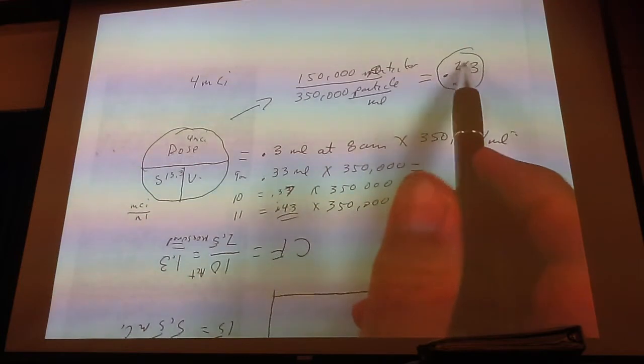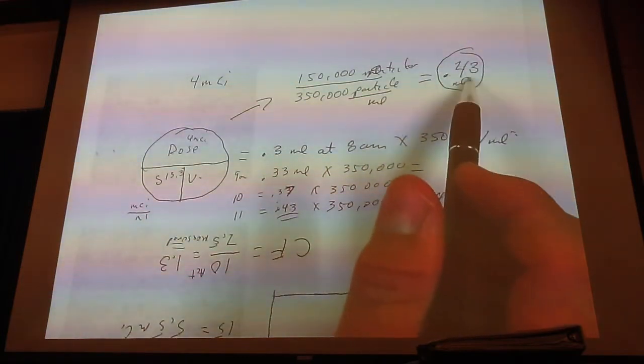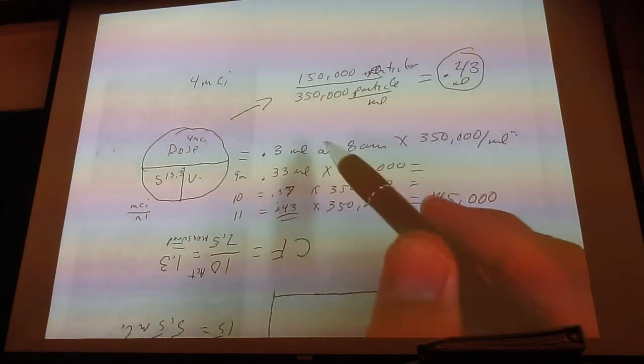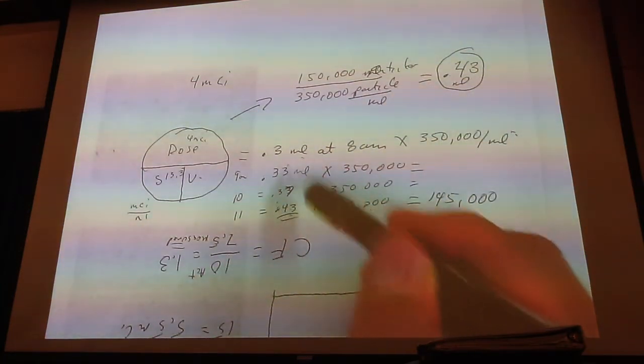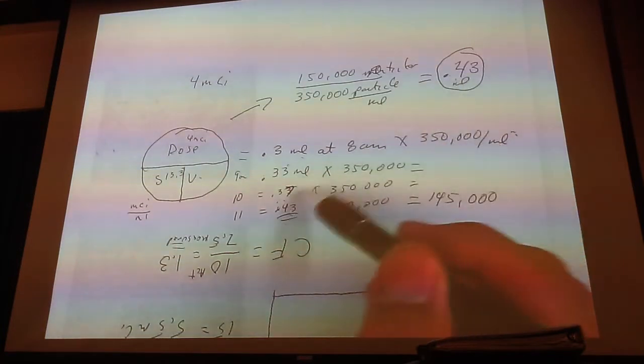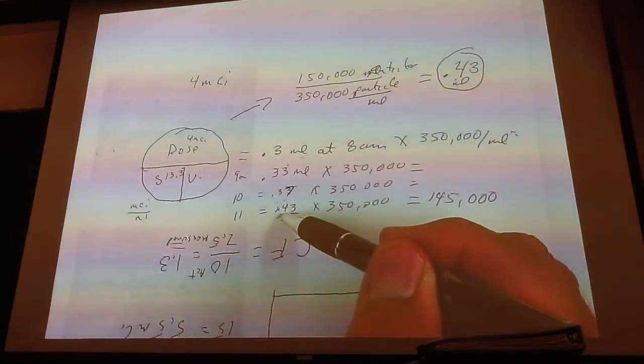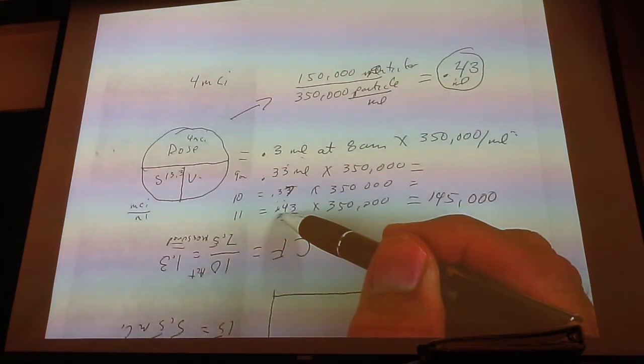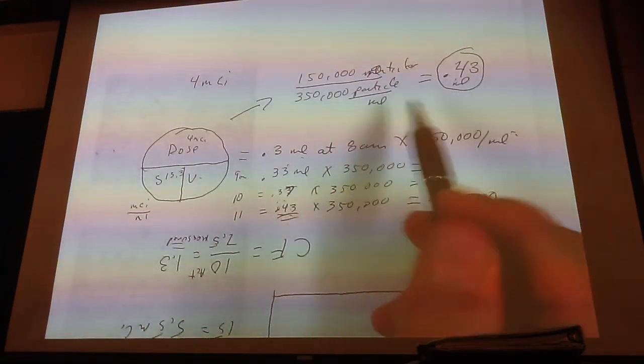This is probably the best way to start out: find out what the maximum volume is that you can inject, and then go through and see at what time you're going to get that volume. So 11 a.m. is the answer on this. I'm getting 150,500. It's close enough.